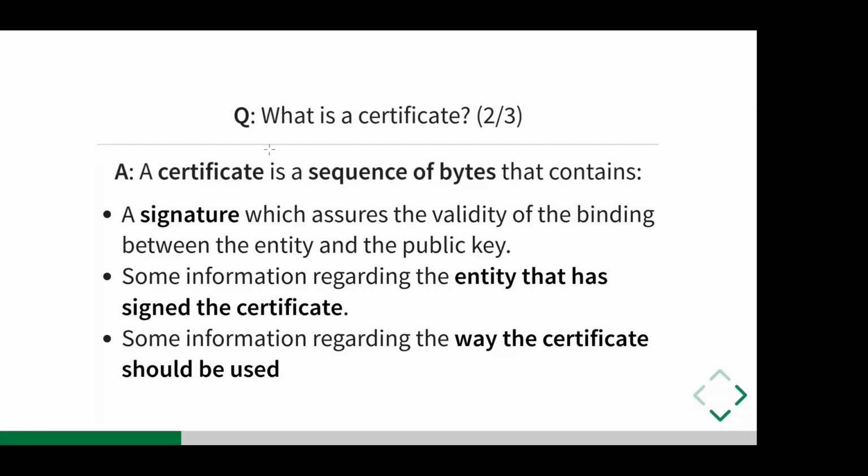Also, okay, I have a signature, but who signed the certificate? Who is telling me that the certificate is valid? This is important, because I have the public key, entity, signature, but also information about who signed that certificate.